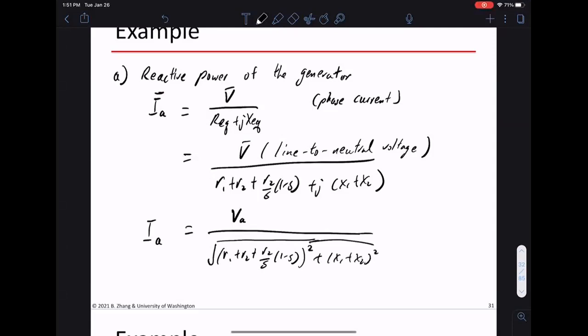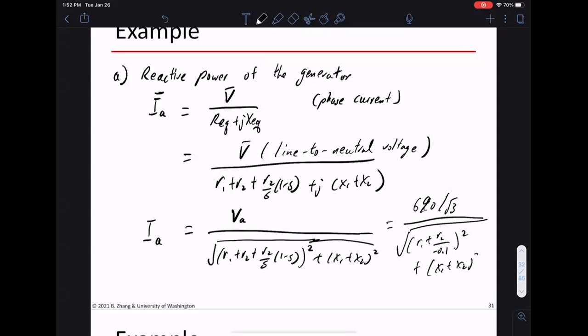If we do this through magnitude calculation, what we have is 690, divided by √3 to convert from line to line to line to neutral, and at the bottom, R1 plus R2 over minus 0.1, squared, plus X1 plus X2 squared. We get 41.25 amps.